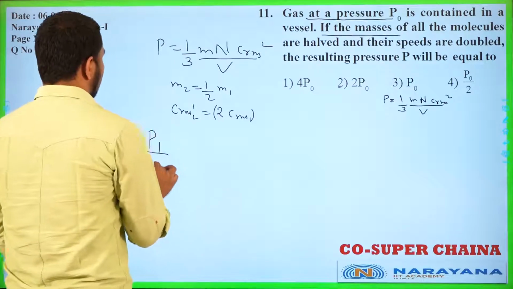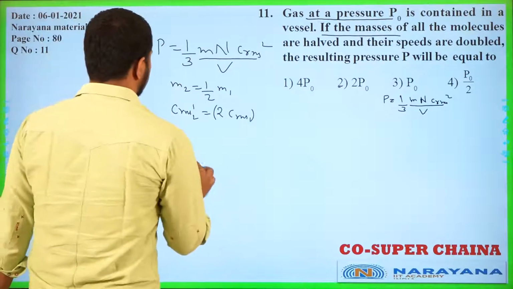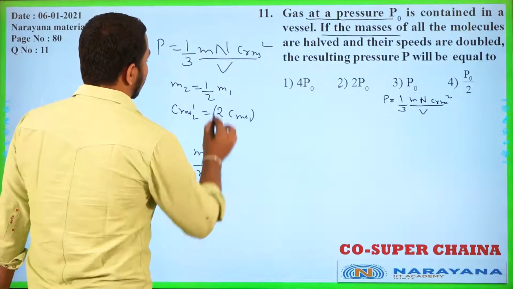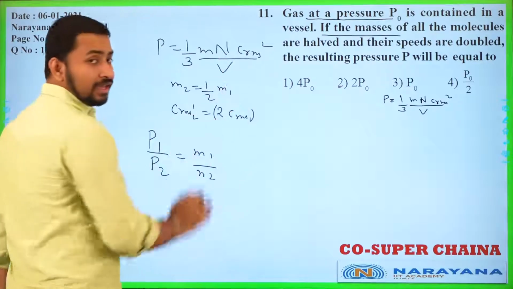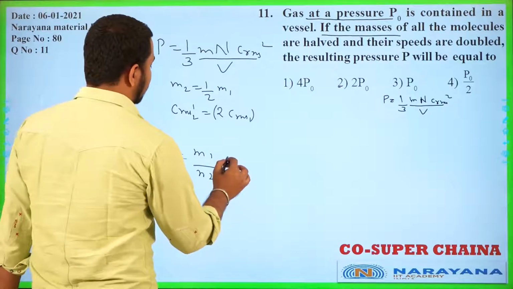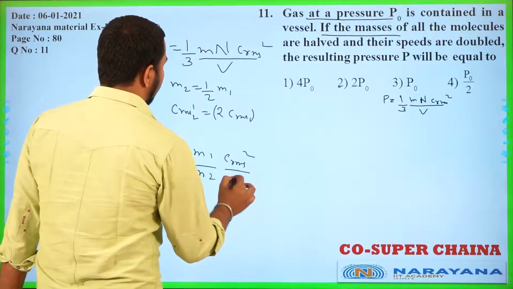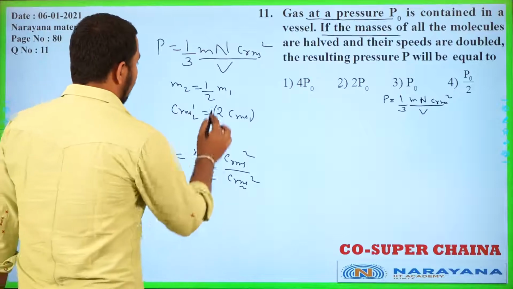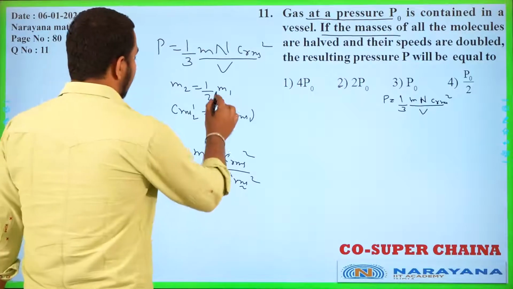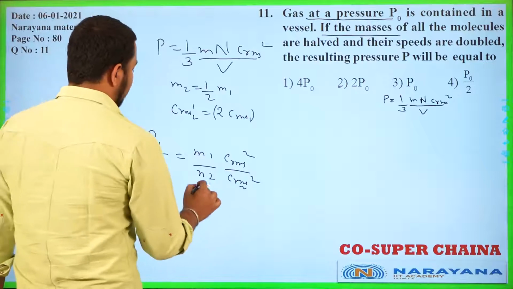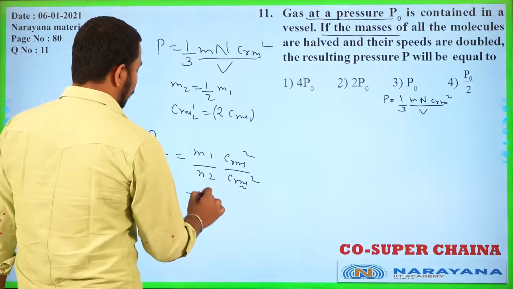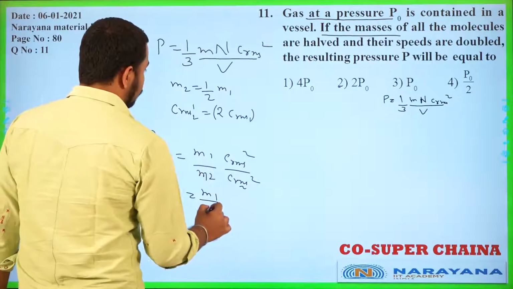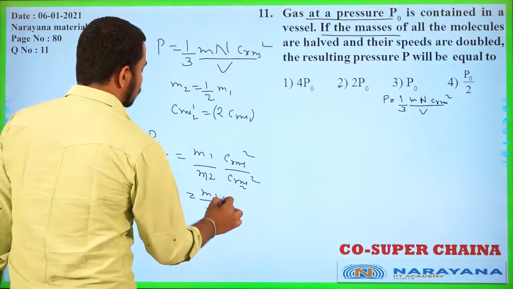So if we do the ratio P1 by P2, all this will cancel out. We are left with M1 and M2; N and N will cancel out, V and V will cancel out. We are left with C RMS 1 whole square by C RMS 2 whole square. Here M2 is given as half, so M1 is as it is and M2 is M1 by 2, so this 2 will go up.